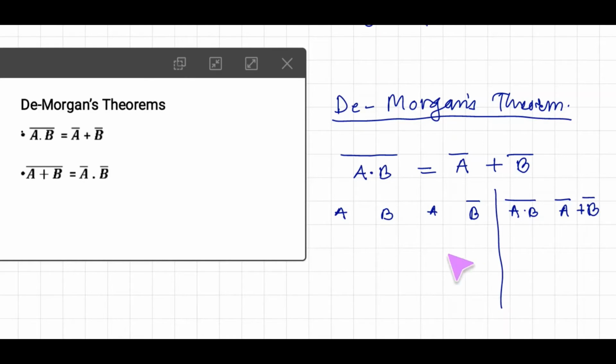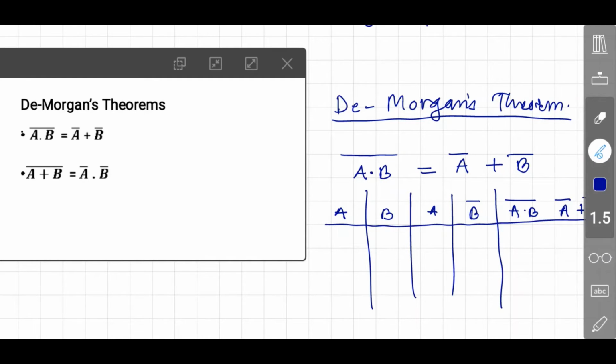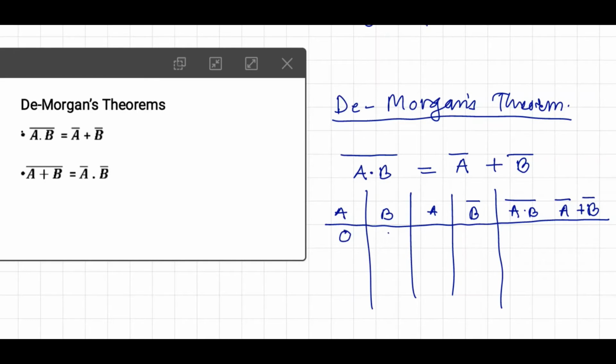Okay, so now let us try to understand whether this law is obeyed at various input conditions. Let us consider A is 0, B is 0. So obviously A complement is 1, B complement is 1. So when we put the values here, that is A is 0, B is 0, its complement is equal to 1.